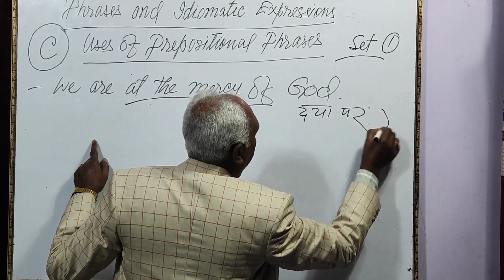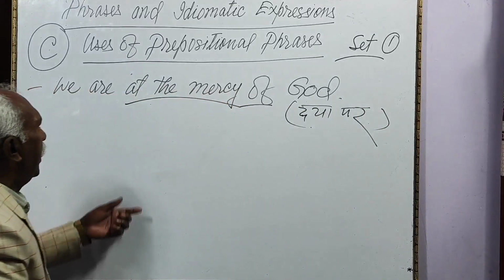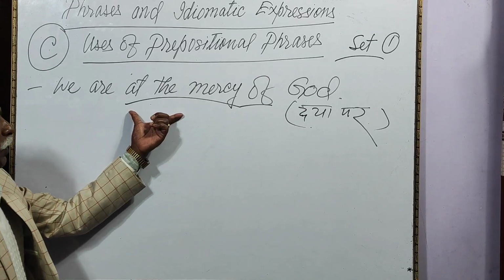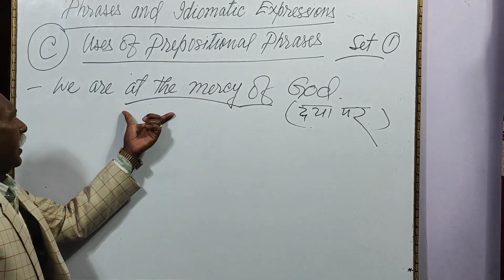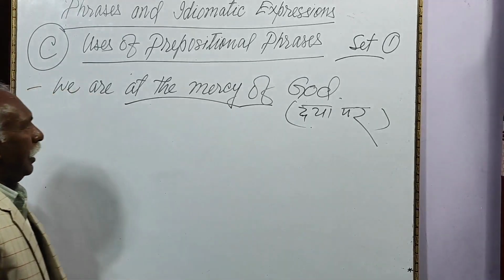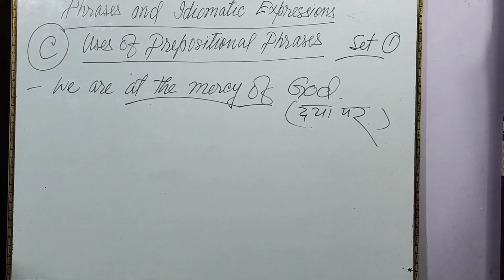I mean depending upon the grace of God. We are depending upon the mercy of God, upon the grace of God. We are at the great mercy of God. So here we are just at the mercy of God. At the mercy of God, that is a prepositional phrase.